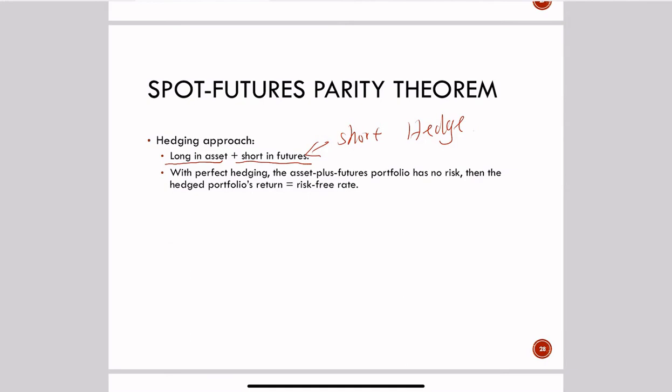And then in the next year, I can sell my canola in my storage unit for $1,000, right?